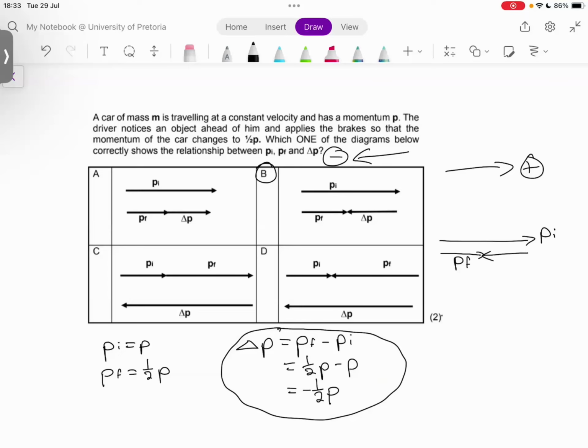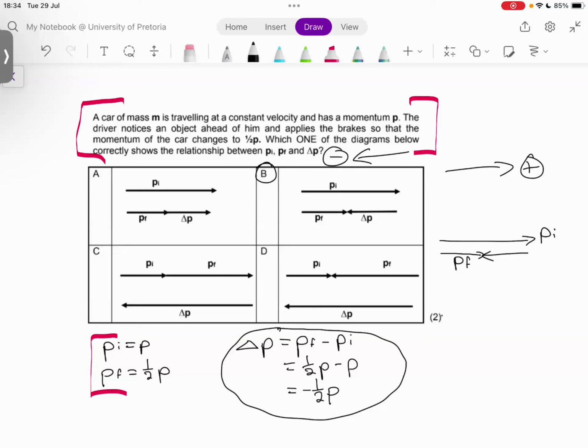I'll just run it through because it seems as though some people were confused along the way. So yeah, we started off over here. We just wrote down that PI is equal to P and PF is equal to half of P. This is stated in this paragraph over here. We then moved on to finding the value of the change in momentum.